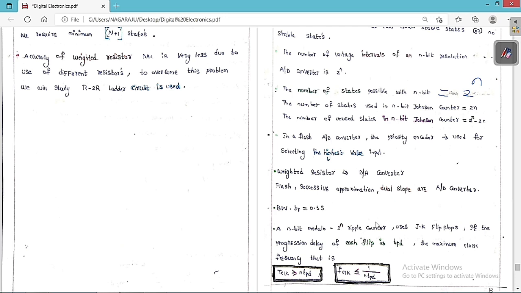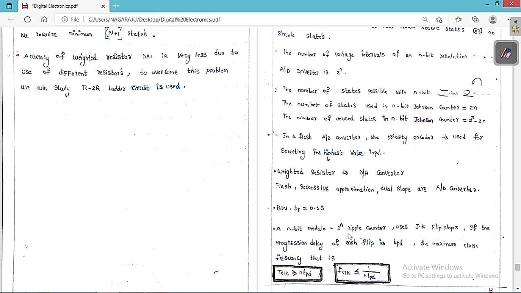Asynchronous ripple counter means the T clock is always greater than or equal to n into TPD, the propagation delay of each flip-flop. So the clock frequency is less than or equal to 1 by n TPD, and the maximum clock frequency is equal to 1 by n into TPD.